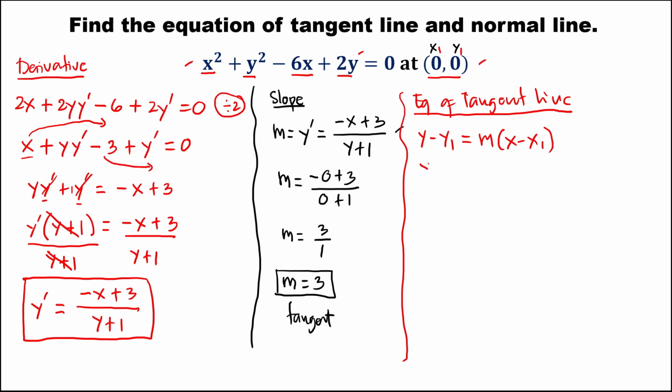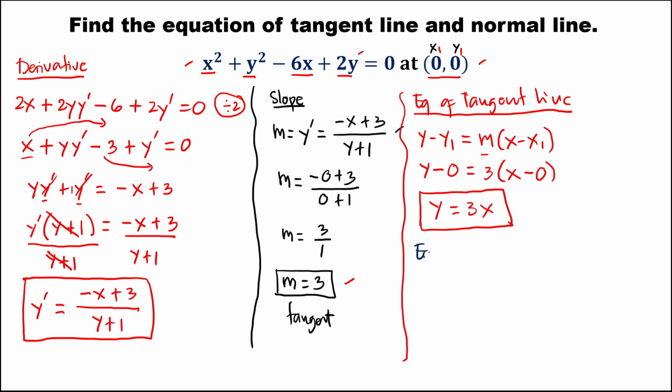So we have y minus 0 equals the slope, positive 3, times x minus 0. So this becomes y equals 3x, and this is now the equation of the tangent line.